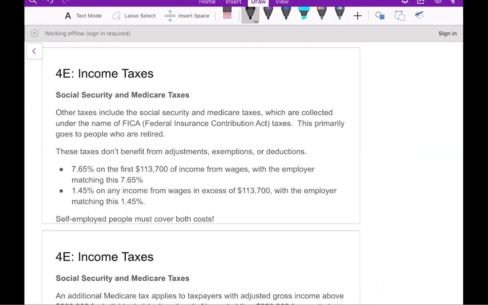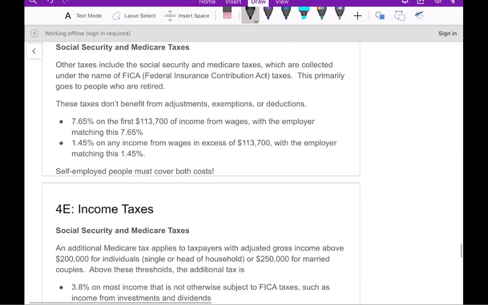Okay. Now, the next type of taxes that we'll talk about are the Social Security and Medicare taxes. These are collected under the name of FICA, which is the Federal Insurance Contributions Act, and these are, of course, just different taxes, right? And this primarily goes to people who are retired. Now, these taxes don't benefit from adjustments, exemptions, or deductions, right?